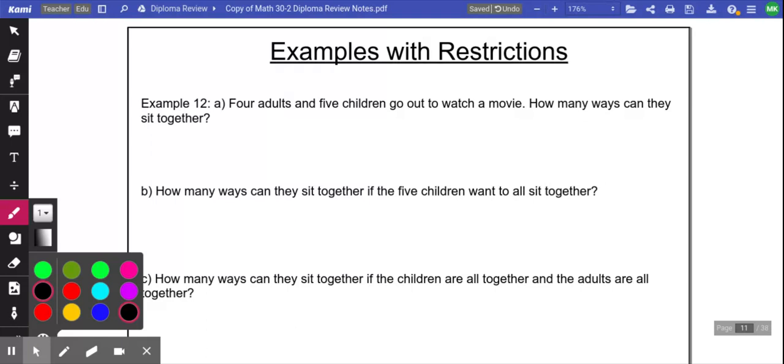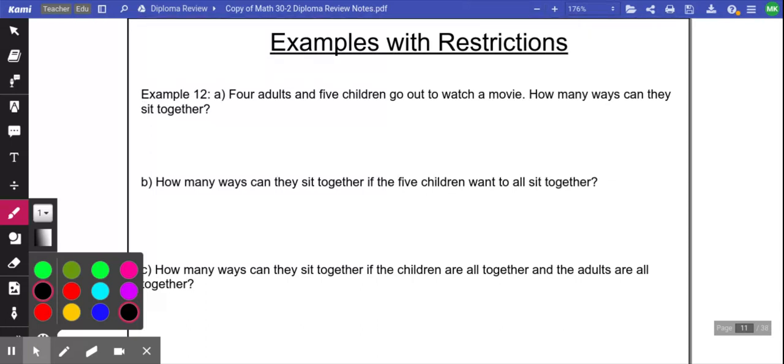Let's see how this question could work without letters, and we're talking about people. This question says 4 adults and 5 children go to watch a movie. How many ways can they sit together? Well, we have 4 adults and 5 children. That is a total of 9 people. We're asking how many ways could they sit at a movie theater?